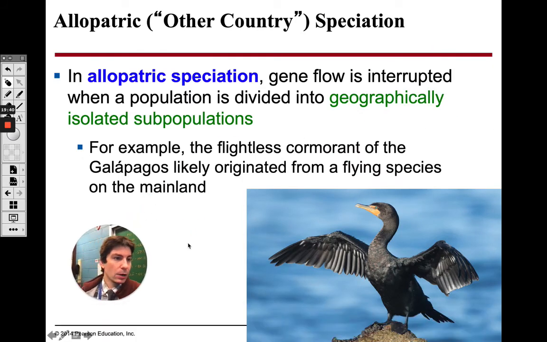Okay, so allopatric speciation. This is due to geographic isolation between populations. An example of this, in the Galapagos Islands, is one of our flightless birds. It probably originally was a bird of flight. It came by the Galapagos Islands and enjoyed itself. It was a nice ecosystem for a bird of flight to live in.